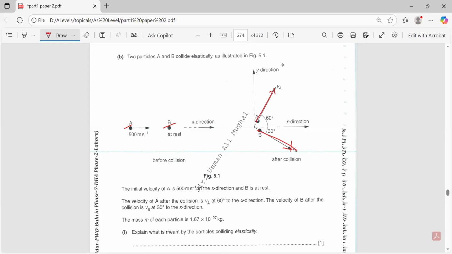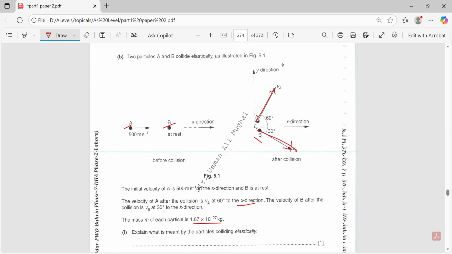The initial velocity of A is 500 meters per second in the x direction, and B is at rest. The question says the velocity of A after the collision is at 60 degrees to the x direction, and the velocity of B after the collision is at 30 degrees to the horizontal.